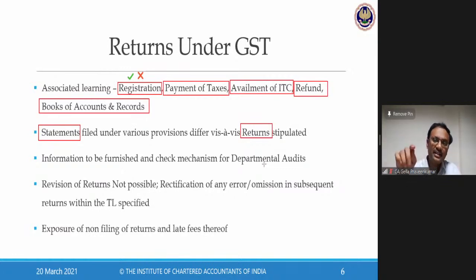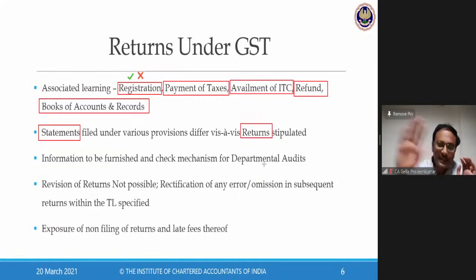Whereas a return is a form where all the details of various statements are consolidated together to conclude whether there is a tax payable or a tax refundable from the authority concerned. How much tax they have to pay, how much tax they have to claim as a refund. Communication of the input tax credit and the tax payable is made together by way of a return.